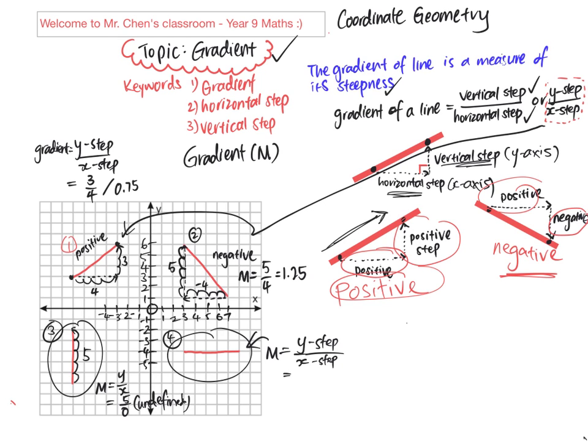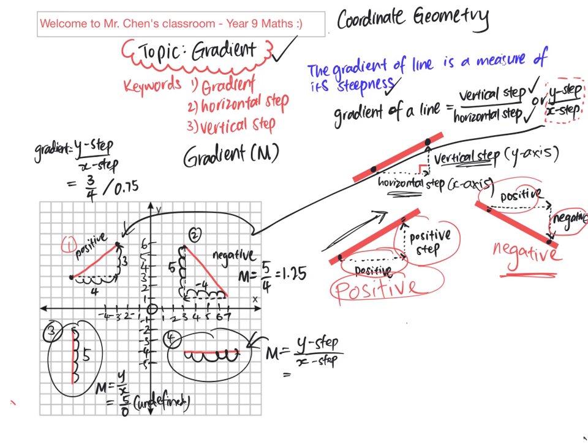Alright, now back to the video. We're going to do this. Let's go with the x step, obviously. We are going to go right hand side: 1, 2, 3, 4, 5.